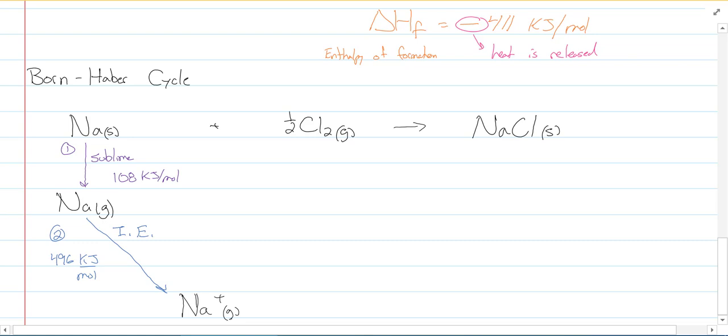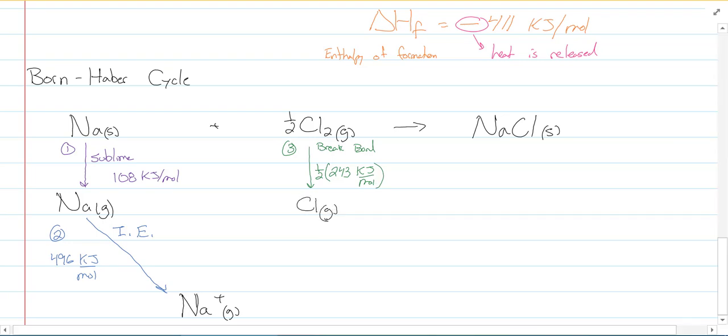Well, chlorine. Let's look at chlorine now. The chlorine comes as Cl2. It's a diatomic element. We only want Cl, so we have to break the bond. So if you look, the bond energy for Cl2, so step 3 here, we have to break the bond. And that's 1/2 of 243 kilojoules per mole. So then we get Cl gas.